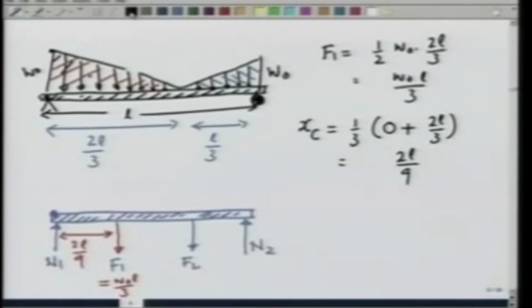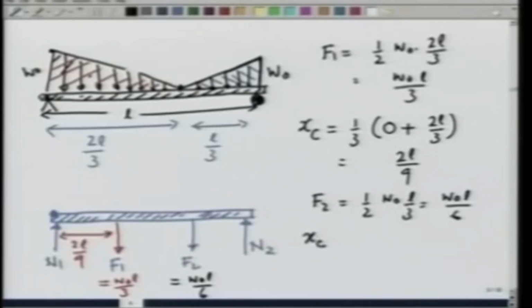Similarly, for the other triangle, the force F2 is going to be the area of that triangle, which is going to be 1/2 W0 L by 3, which is W0 L by 6. So, this force is equal to W0 L by 6, and it acts at the centroid of the right hand triangle. The centroid with respect to the point in the middle is going to be at a distance of 1/3 of L by 3 plus L by 3, which is 1/3 of 2L by 3, 2L by 9.